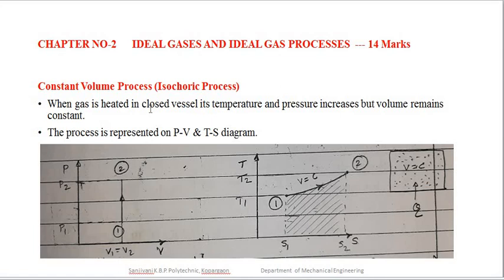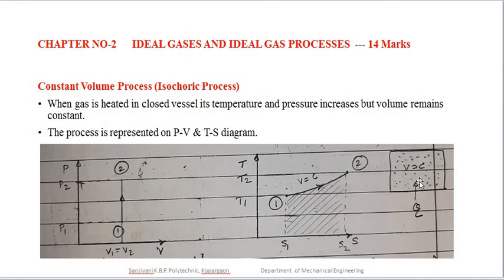Now suppose we consider a closed container with 1 kg of gas filled in it, and we add heat to this gas. The gas is going to acquire the total volume of the container.